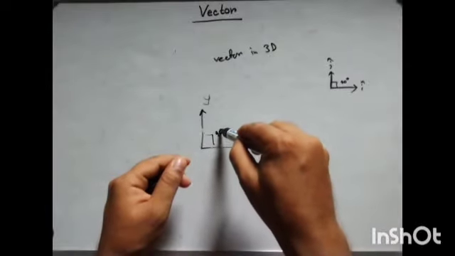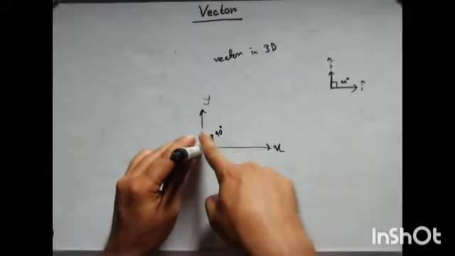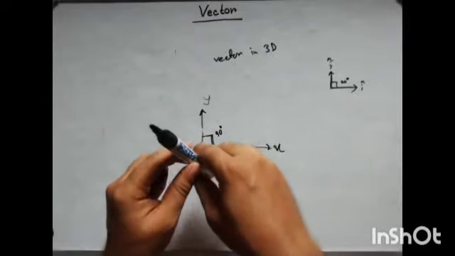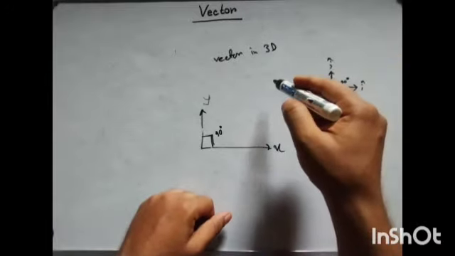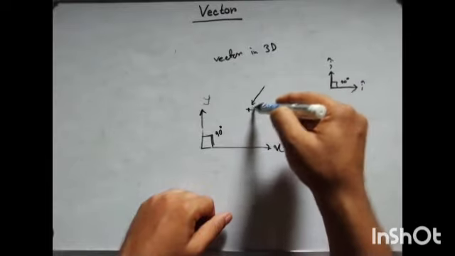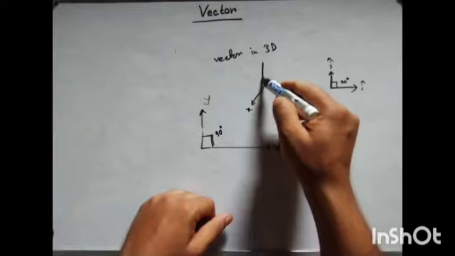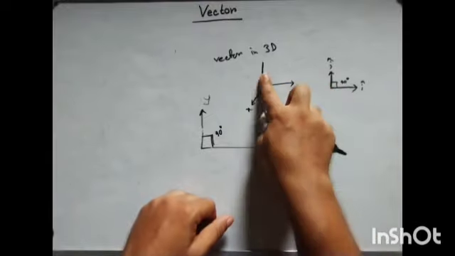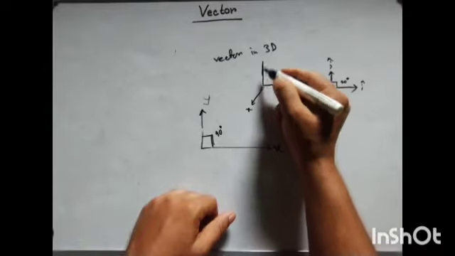X, y and z all make 90 degree angles with each other. Now in 2D if I try to draw 3D, then we draw like this. This is our x axis, this is y axis, and this is z axis.